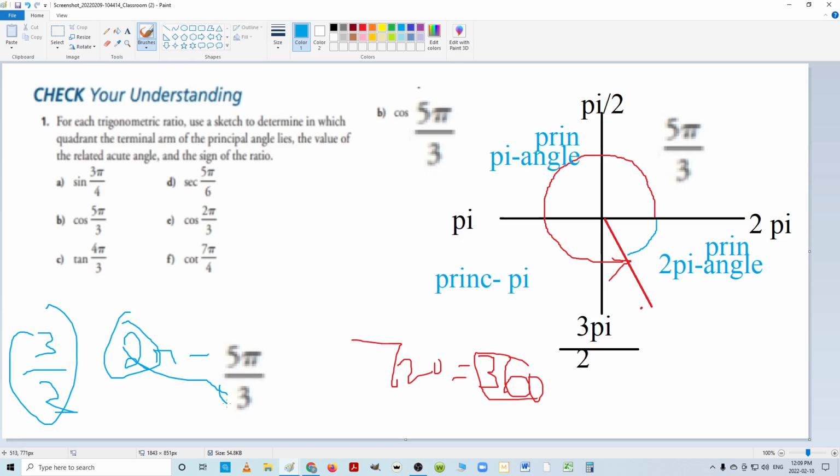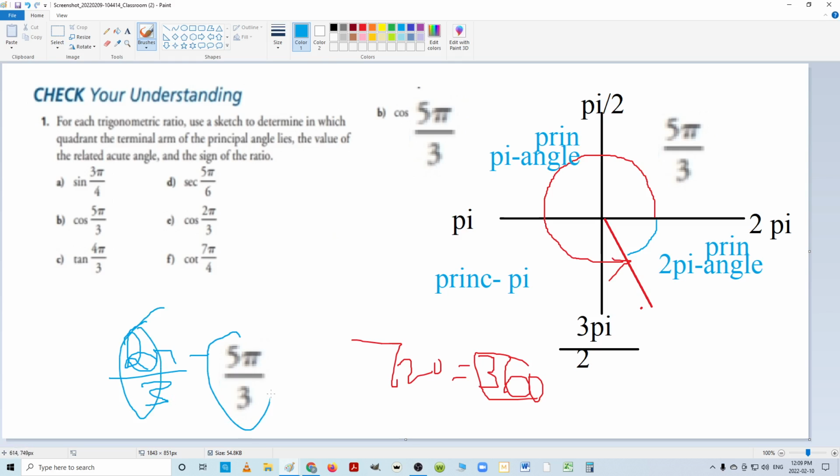You're just changing how you express it into a different fraction. So if I multiply top and bottom by 3, I get 6 pi over 3, which makes sense because 6 divided by 3 is 2. So what's 6 over 3 minus 5 over 3? It's 1 pi over 3, or simply pi over 3, which means the acute angle is pi over 3.